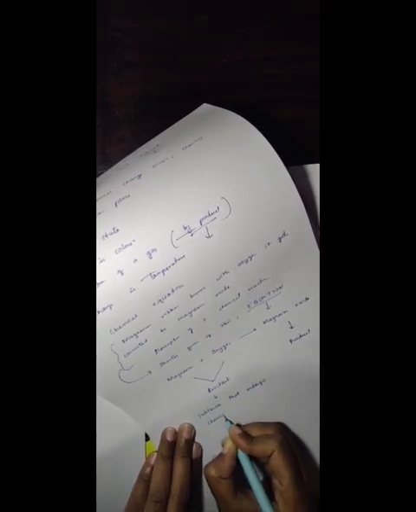So what are reactants? Reactants are the substances that undergo chemical change. For example, in this equation it is magnesium and oxygen.